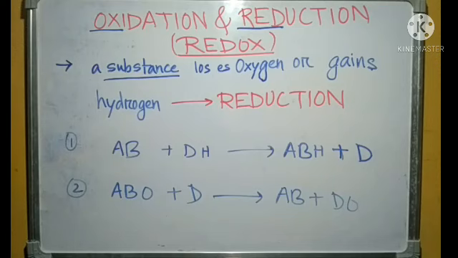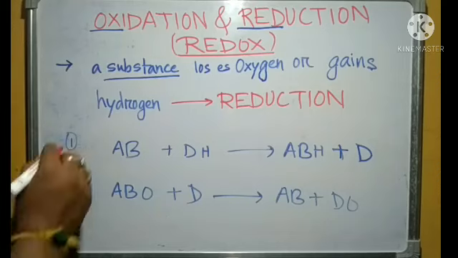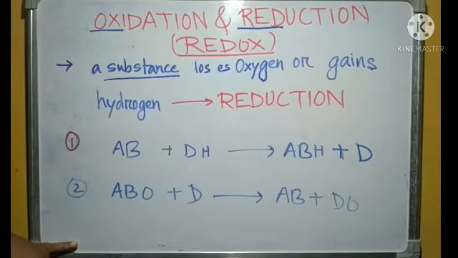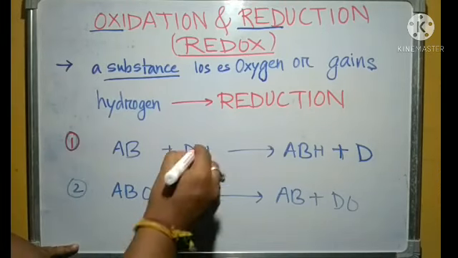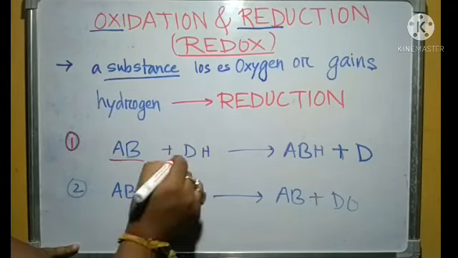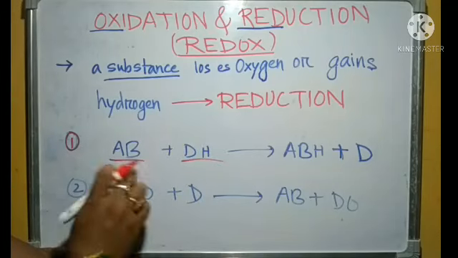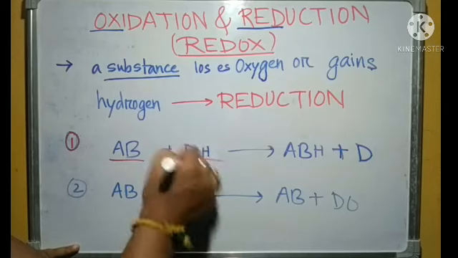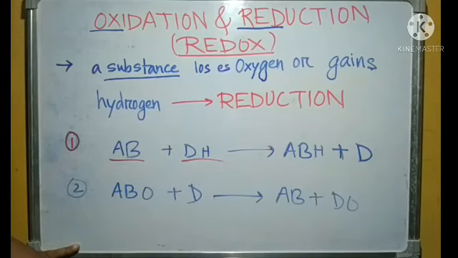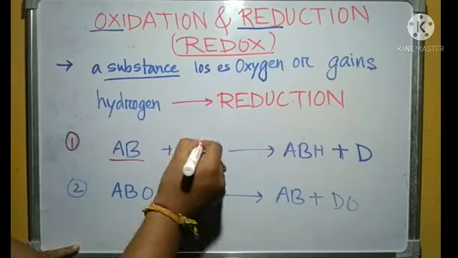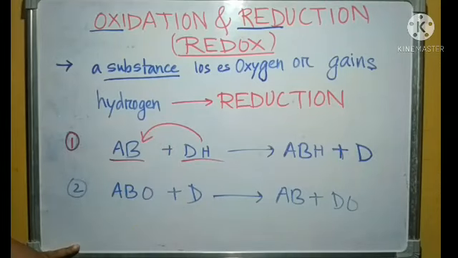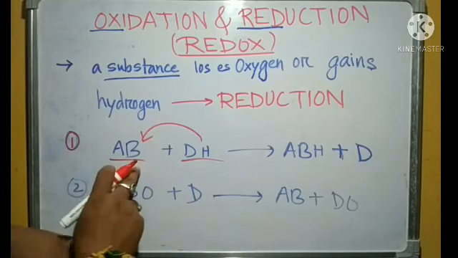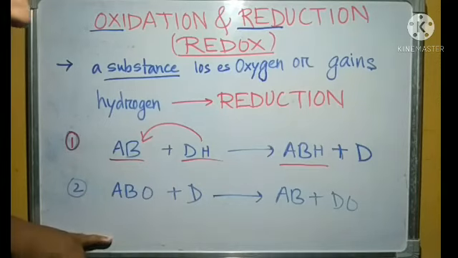Let us take the first example. Here AB is a substrate and DH is a substance, that is, AB is a reactant and DH is a reactant. This DH reactant has a hydrogen atom. Suppose in the reaction this hydrogen gets transferred to AB. Then AB will get a hydrogen atom and we will have ABH.